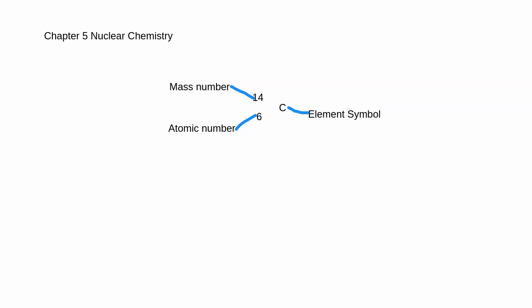Please remember that when you're dealing with alpha, you may see either the symbol alpha, but more often than not we traditionally use 4 over 2 He. What that tells you is that your alpha particle is actually a helium nucleus. So your alpha particle is going to have a 2 plus charge.